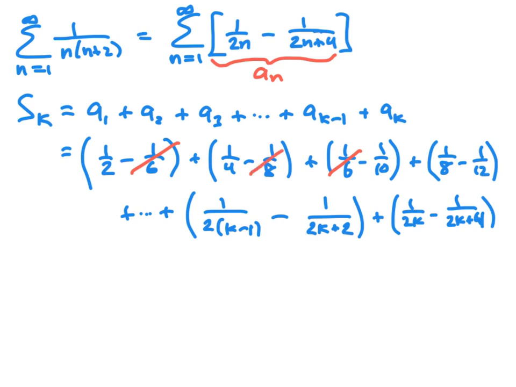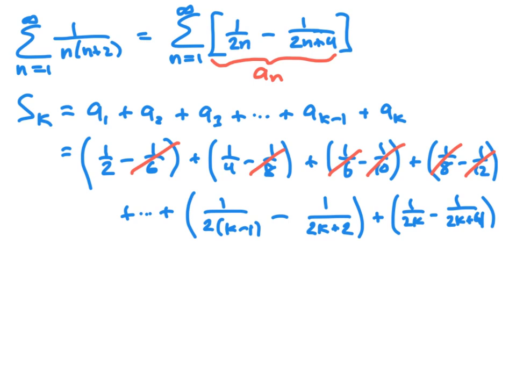Similarly, the negative term in a2, the negative 1/8, will cancel with the positive term in a sub 4, the positive 1/8 there. And so as we continue, we'll see that negative 1/10 will cancel with the positive 1/10 from the term a sub 5, which we don't have written, but will certainly appear in this series. And similarly, the negative 1/12 will cancel with the positive 1/12 in the sixth term, a sub 6.